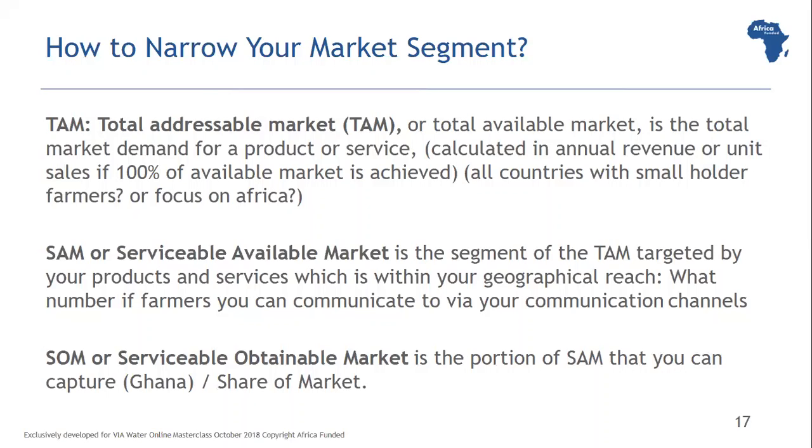So what does the total available market in Africa or in the world look like? And of course, that is not your focus. It can be all countries with smallholder farmers, if you are in agriculture, for example drip irrigation, or all people in developing countries with a mobile phone. It's quite broad.